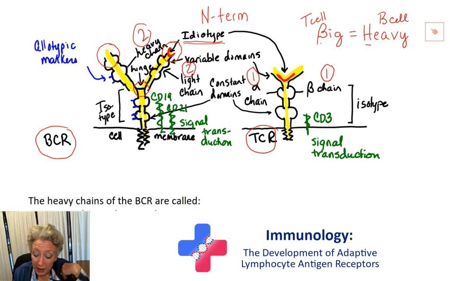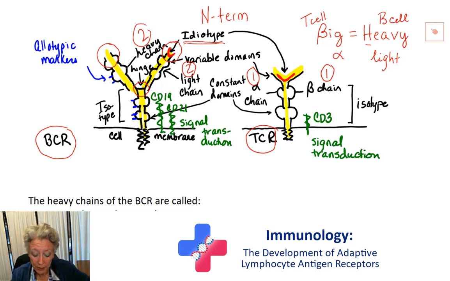Well, if beta on the T cell is equivalent to heavy on the B cell, then it stands to reason, I think, that by process of elimination, you can assume that the alpha of the T cell is going to do something similar to the light chain on the B cell. So this is not something you will need right now, but analogies between these will become useful in a short period of time.